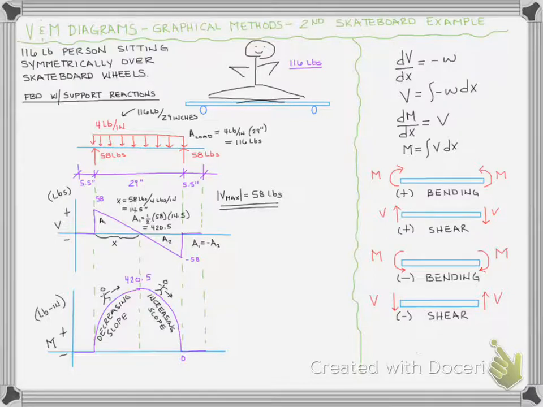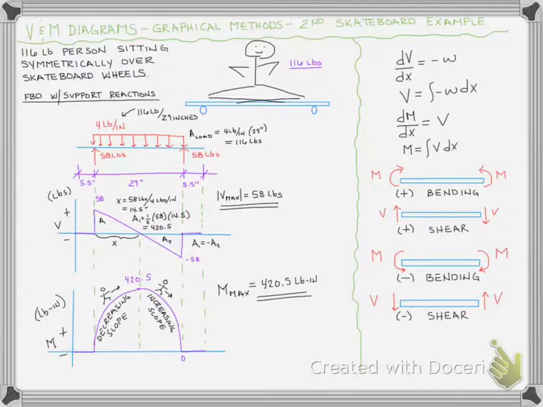And finally, as we look at our diagram, we can see that our maximum moment will be equal to 420.5 pound-inches, or inch-pounds.